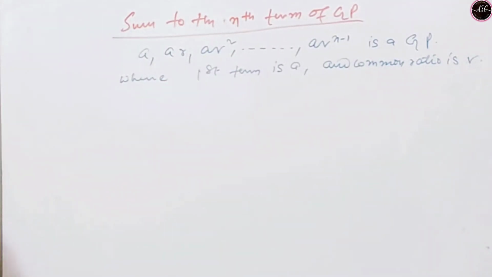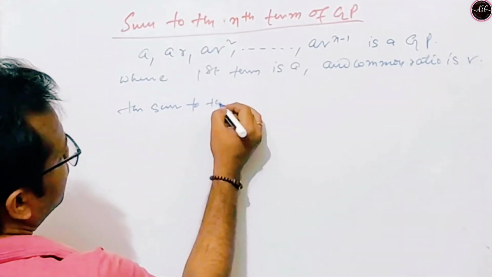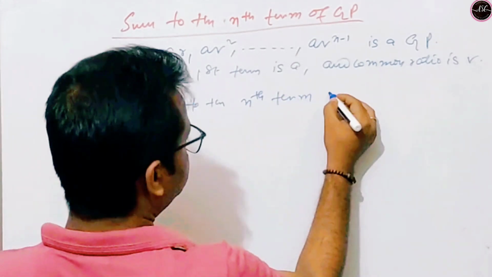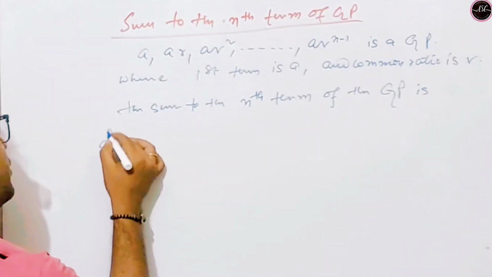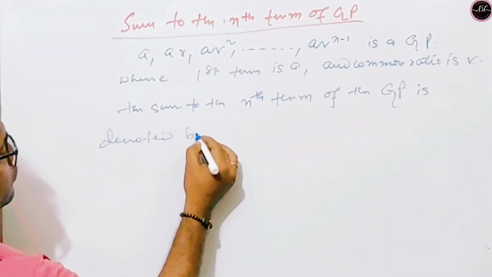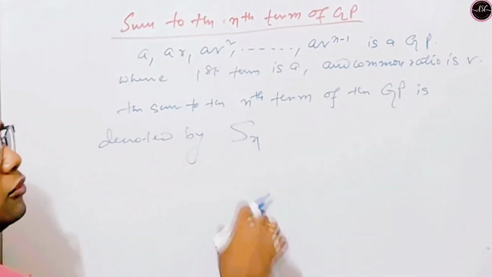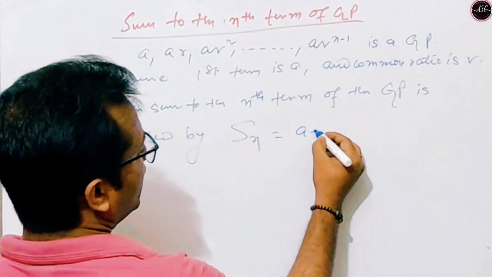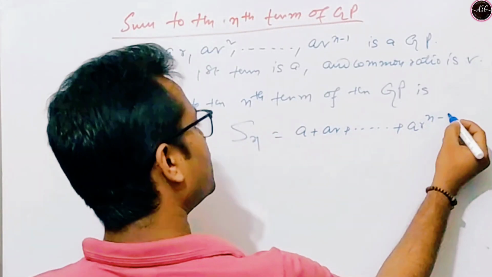Now the sum to the nth term of the GP is denoted by Sn. So Sn equal to a plus ar plus dot dot dot ar to the power n minus 1.